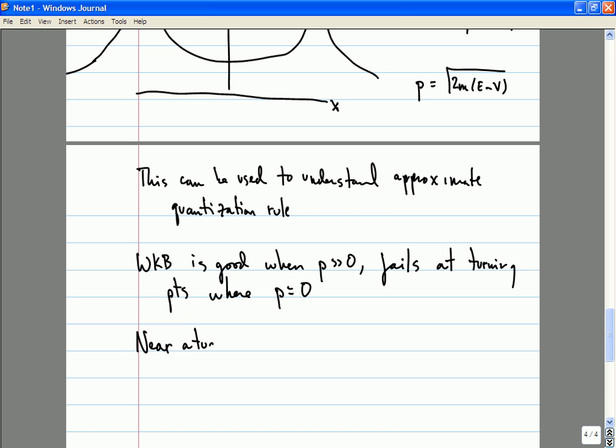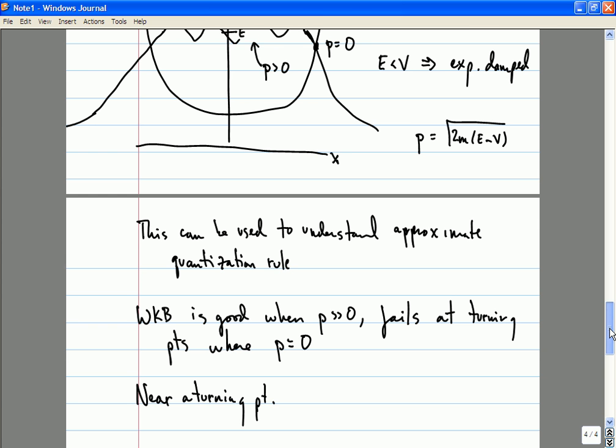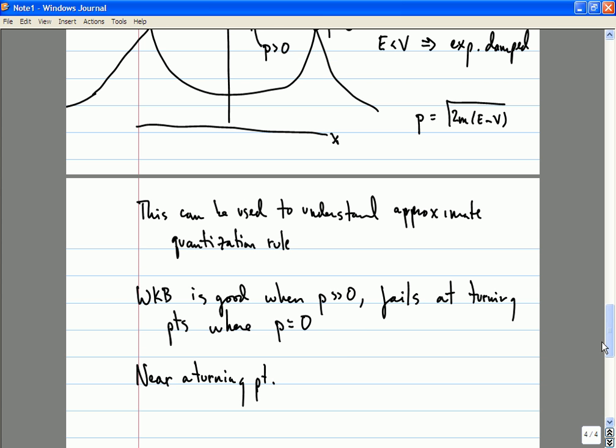Can I ask a question? Yeah, sure. Near the turning points and past them, we never even satisfied any of the four requirements. Ah, okay. Really?